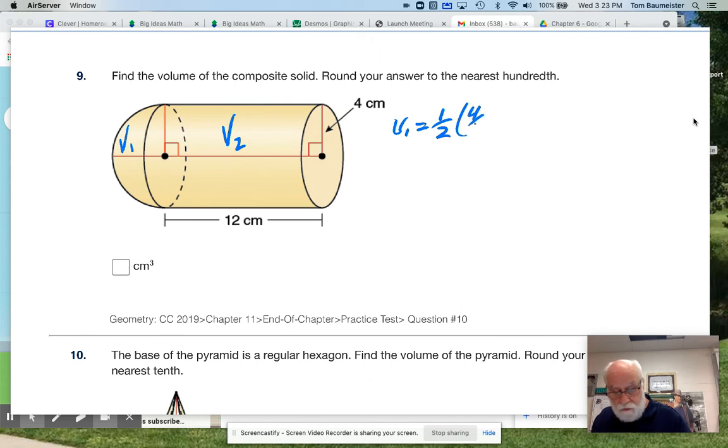So it's half of the volume of a sphere. In this case, our radius is 4. And if you plug that in, you'll get 134.0413.